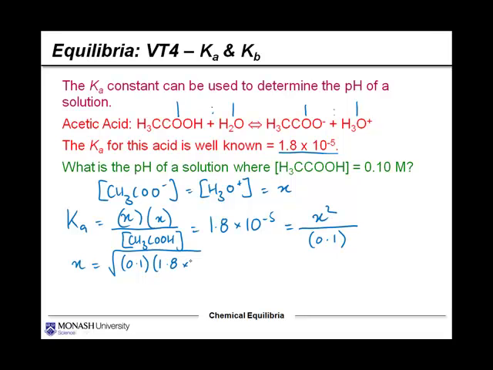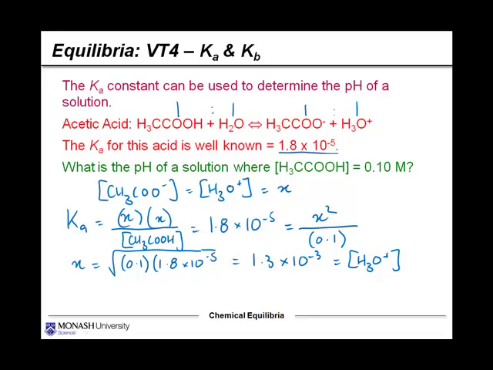Plug that into your calculator and you should get something that looks a bit like that to two significant figures. X, we said, was both the concentration of the conjugate base and also the concentration of H3O plus. Now remember, the question asked, what is the pH of the solution?